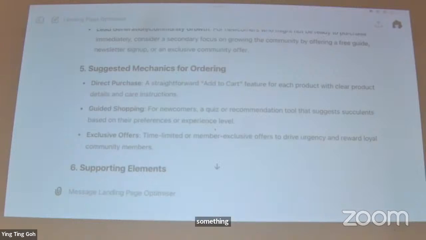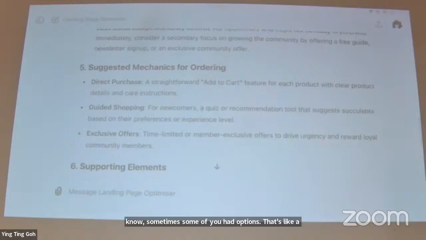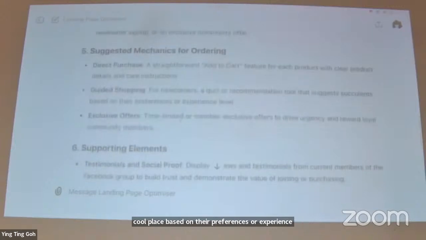So here it says a direct purchase, maybe like an add to cart feature, or maybe like a guided shopping. So here, as some of you had options, there's a quiz that suggests succulents based on their preferences or experience level, or maybe exclusive offers, time limited or member exclusive offers to drive urgency and reward loyal community members.